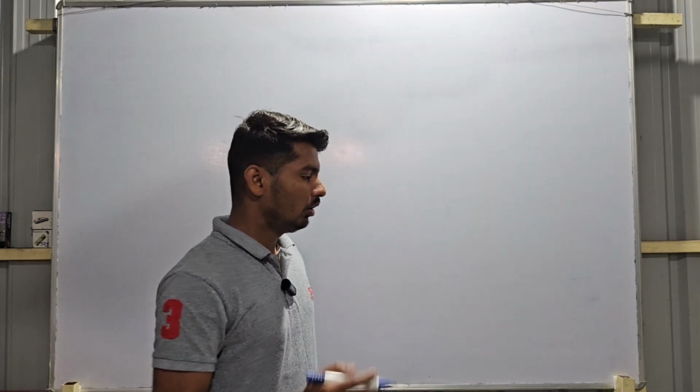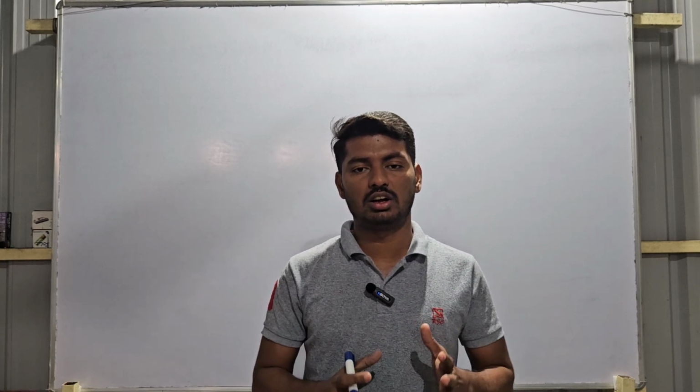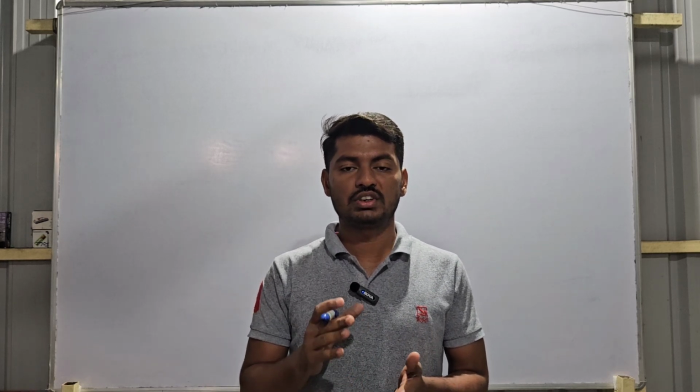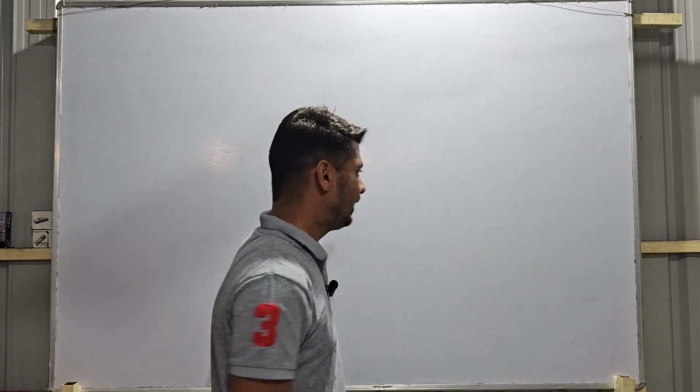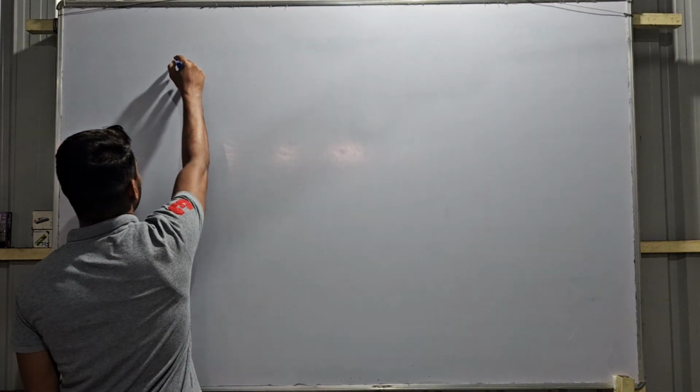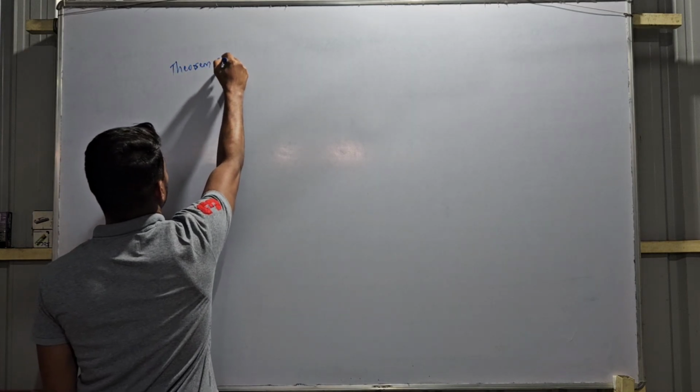So now we have discussed up to theorem number 8.5, that is, out of 7 theorems we have discussed 5 now. So the remaining 2 we will discuss now, that is theorem number 8.6.